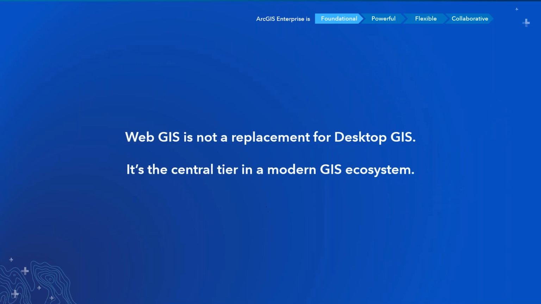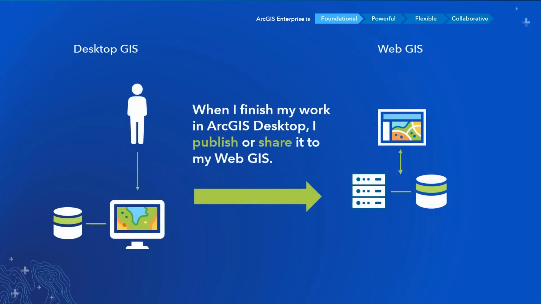Web GIS is not a replacement, right, for Desktop GIS, but it's a central component for Enterprise GIS. So if we think about Desktop GIS, you finish your work in Desktop, and then I publish it or share it into my Web GIS. That's the fundamental piece, right? That server is sharing that data, it's going into my web tier and making that data available to users at that web tier level.